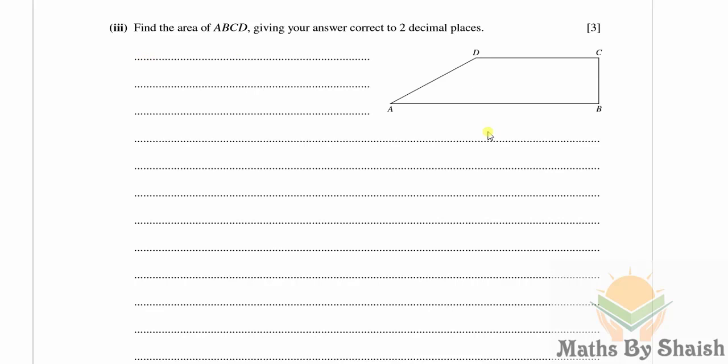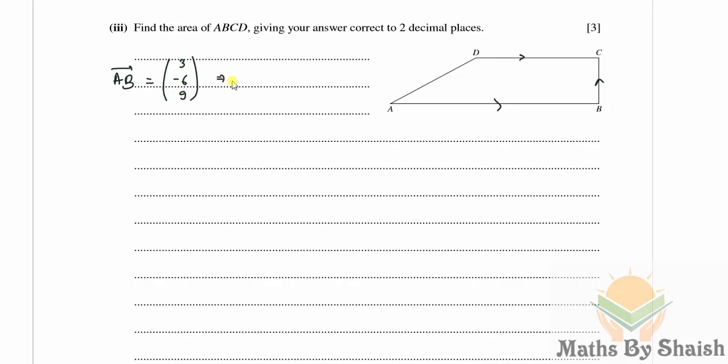So let me bring the diagram here once more. So here is the diagram. We have AB vector, we have DC vector, we have BC vector as well. So all we need to find is their magnitude, that is the length of the vector. So I'll write AB vector again. It was (3, -6, 9).